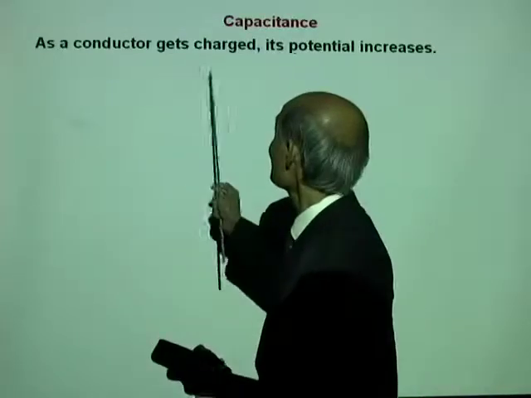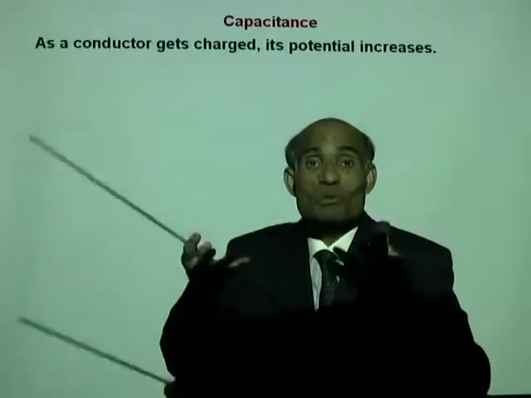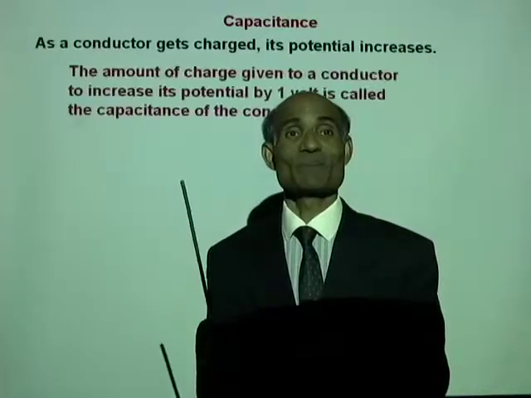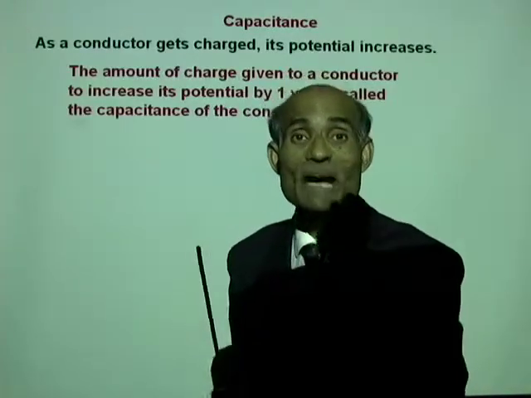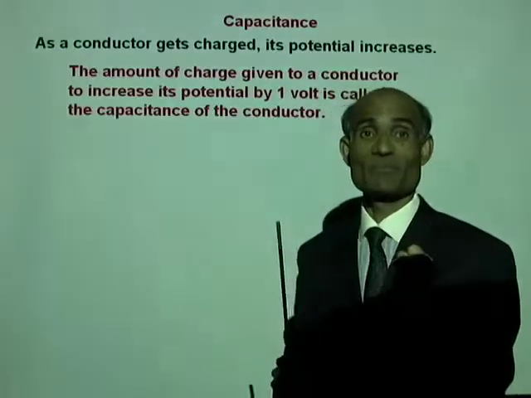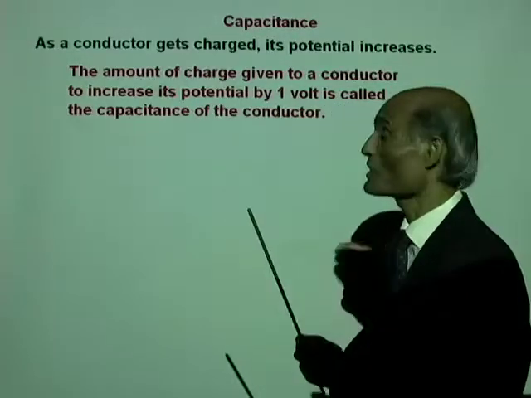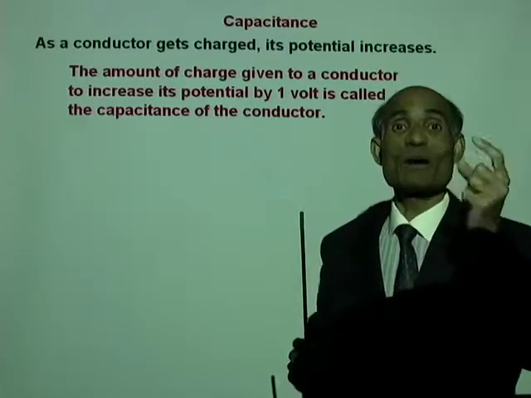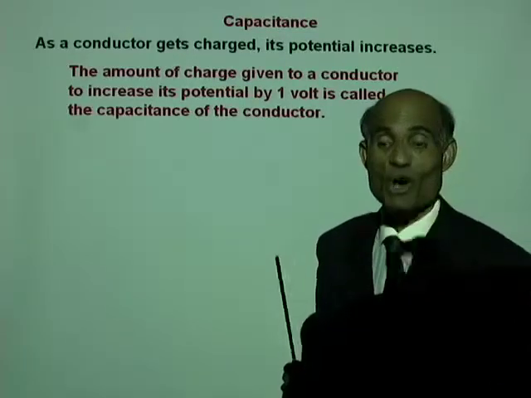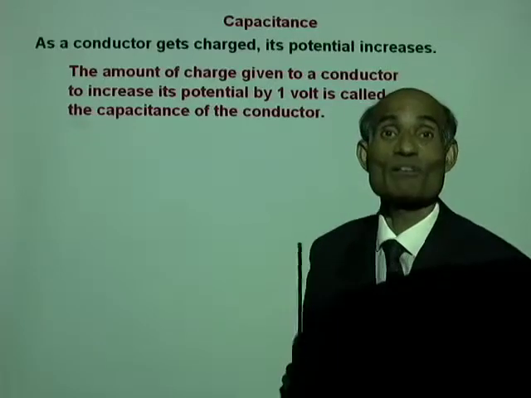As a conductor gets charged, its potential increases. Therefore, how can we define capacitance of a conductor? The amount of charge given to a conductor to increase its potential by 1 volt is called the capacitance of that conductor.